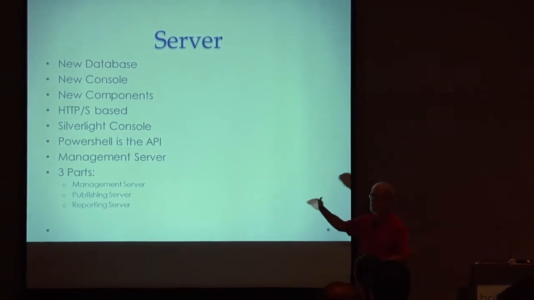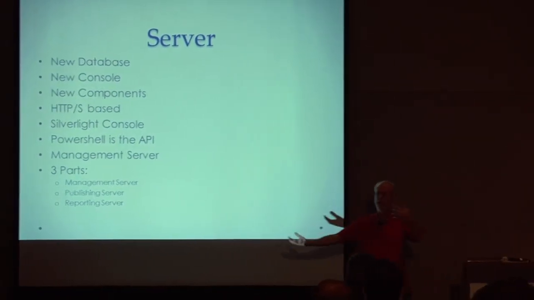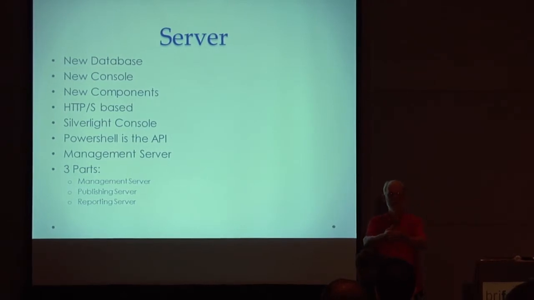So the management server is the piece. It's got a database. That's where you're going to bring application or packages into, where you're going to assign users, set those configuration files, and get that all set. Second, we have a publishing server. The publishing server is the piece that actually talks to the client.